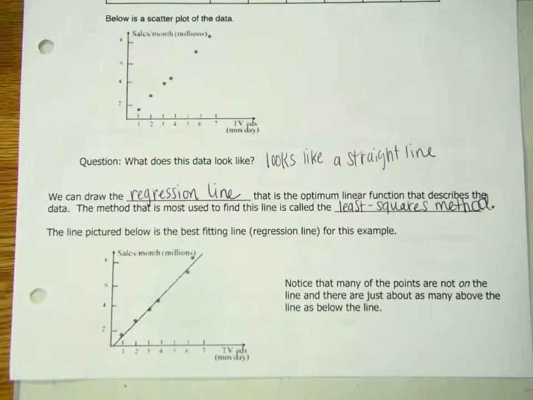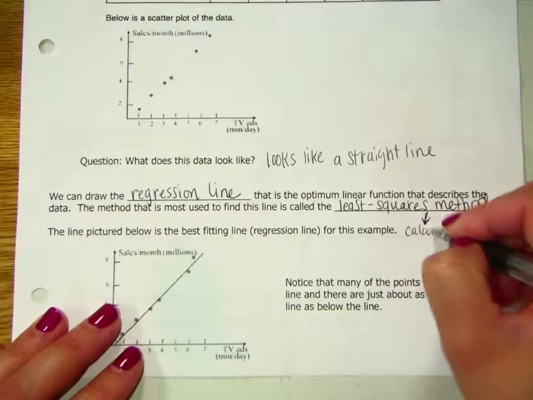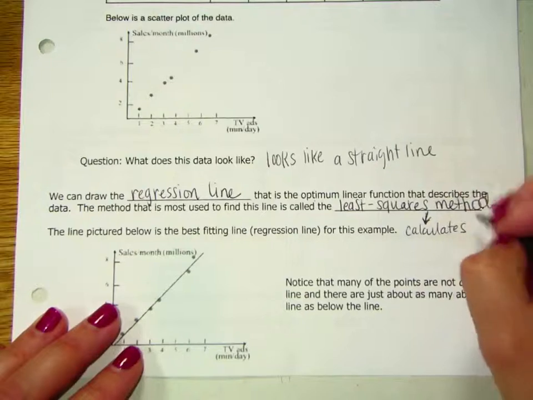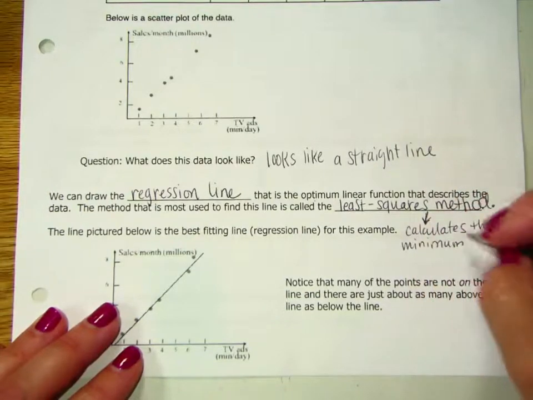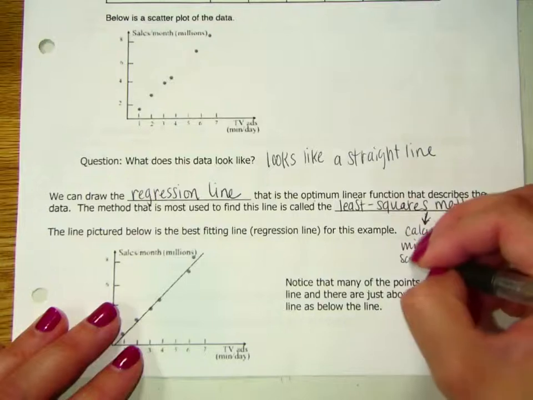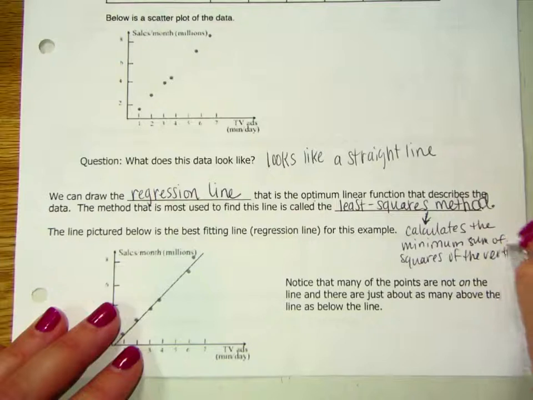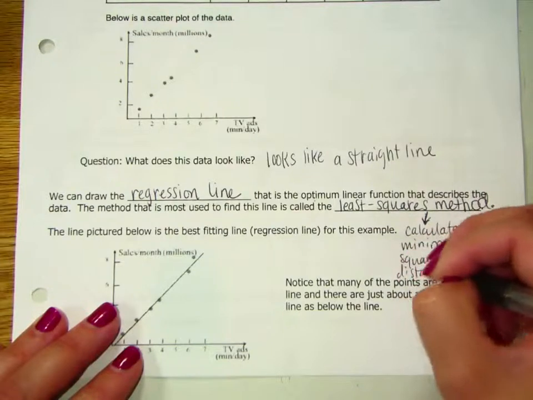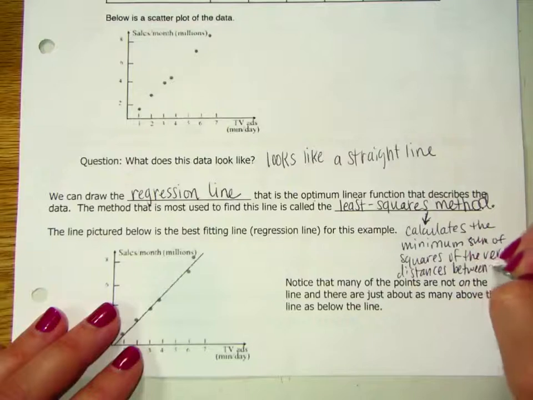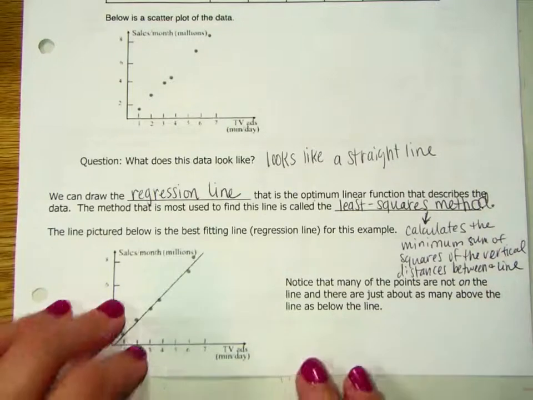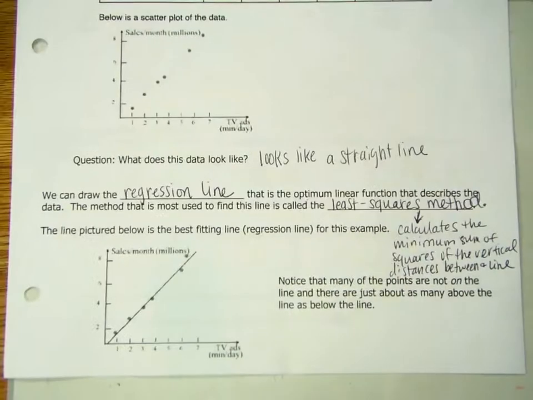Basically what the least squares method does is it calculates the minimum sum of squares of the vertical distances. This is not going to make any sense to you, but just in case you're curious, vertical distances between the points and the line. Don't worry so much. I just thought maybe you'd be curious what that method was, but I'm sure you're all saying I don't care.